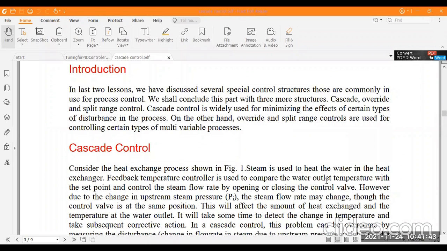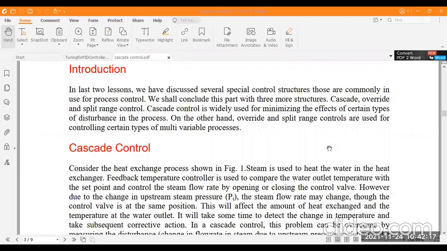It is an alternative to be considered if direct feedback control using the primary variable is not satisfactory and a measurement of the secondary variable is available. Examples include upstream pressure, steam flow of a turbine, or steam flow of a boiler system.